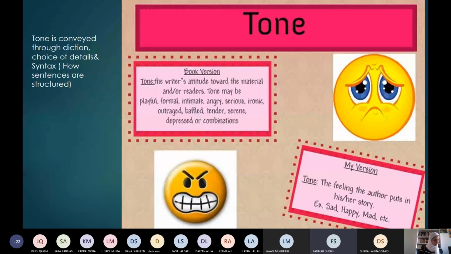Look at page 56. Balqis, are you here? Balqis? Lin Ayad? Yes, miss. Read, please, on page 56. The preview concepts.